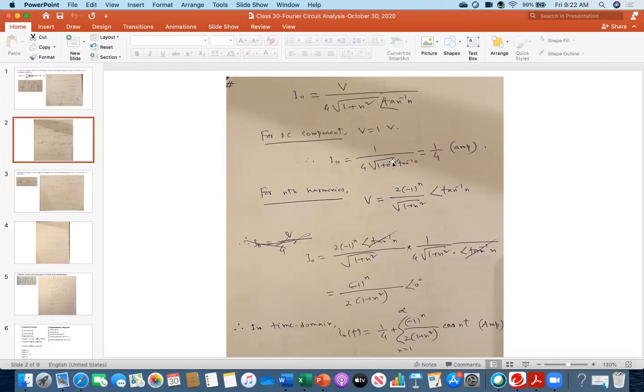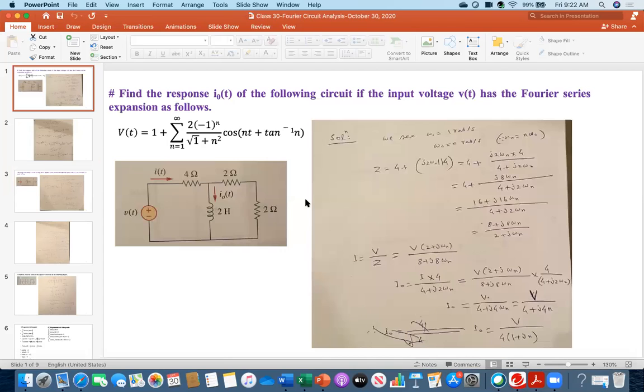And that makes sense. Even if you don't do this, everybody understands. Everybody look, if V is one volt here, which is DC, for DC, what is the circuit? The inductor will be short circuited, right, for DC. And if it is short circuited, then what is the value of current I naught?